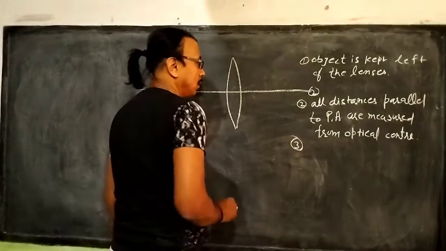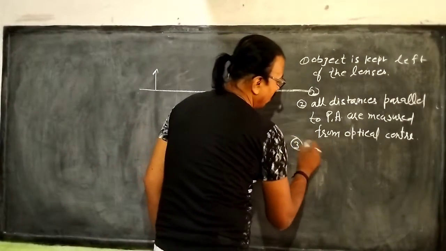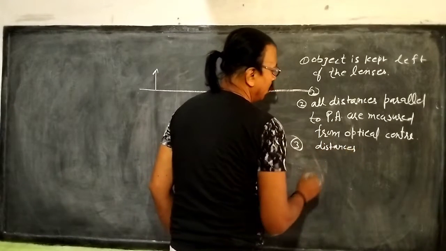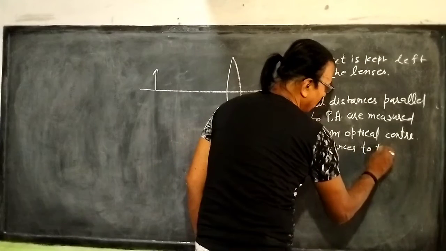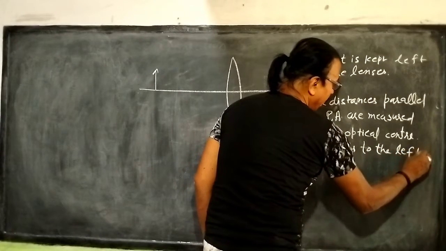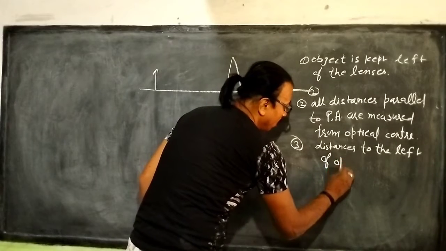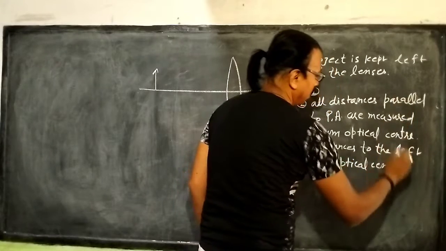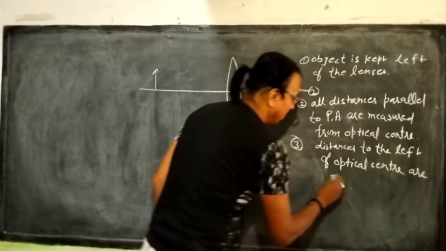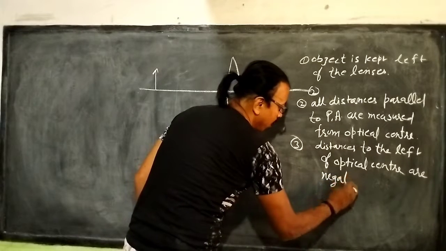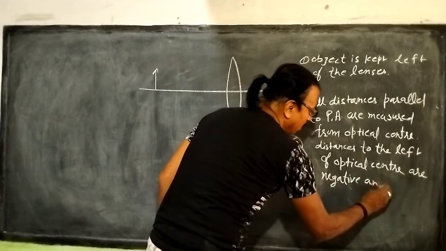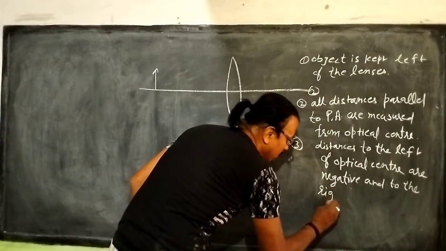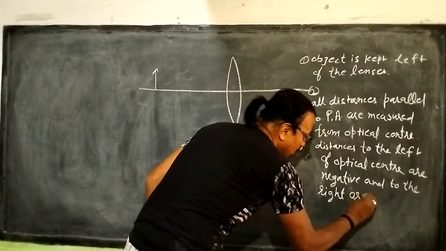Third, distances to the left of the optical center are negative, and to the right are positive.